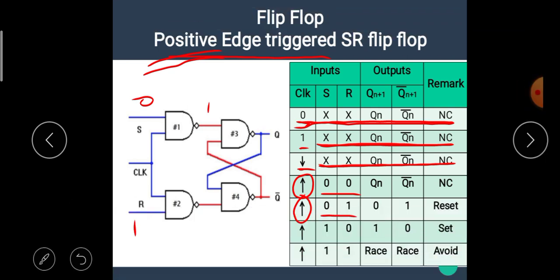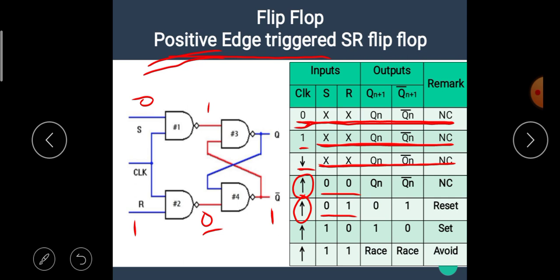Similarly, the output of the second NAND gate is 0. Then we get the condition 1 0. The input of the NAND gate 4 is 0, hence its output is 1. I hope you all understand this condition.